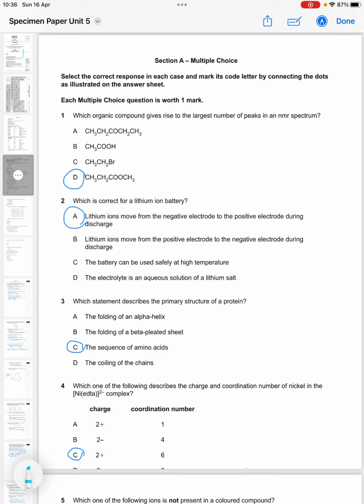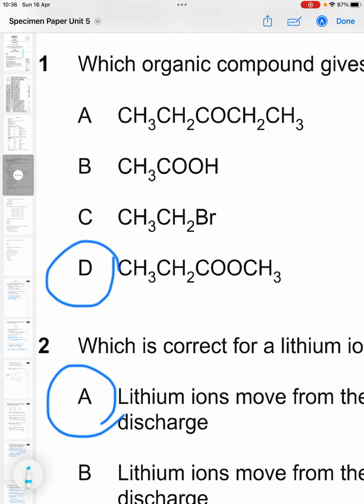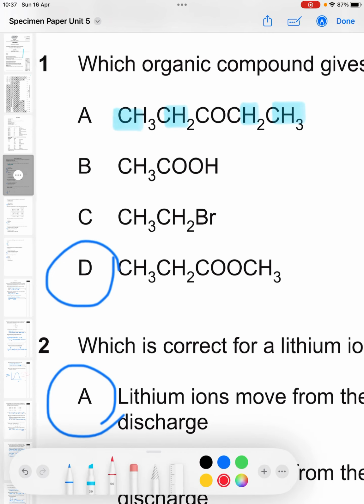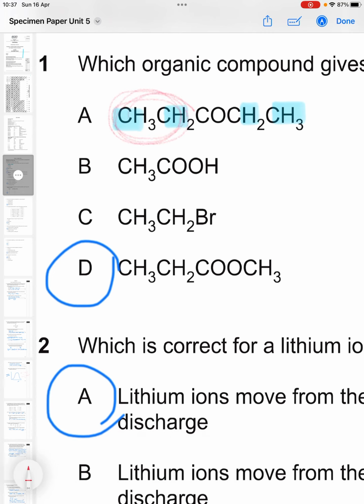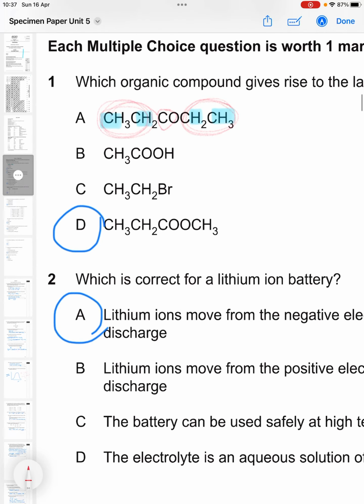So, number 1, which organic compound gives rise to the largest number of peaks in an NMR spectrum? If we have a look at these different compounds, this one here, you might think, well, there's 1, 2, 3, 4 different lots of hydrogens, but actually, when we look at them, these ones on the left of the carbon with the oxygen attached to it are equivalent to the ones on the right, so we've really only 2 different groups of hydrogens here.